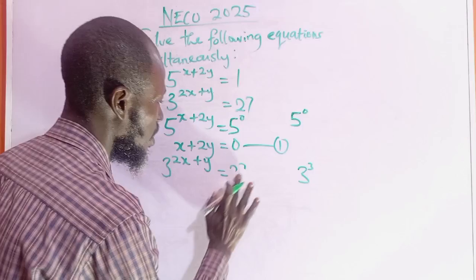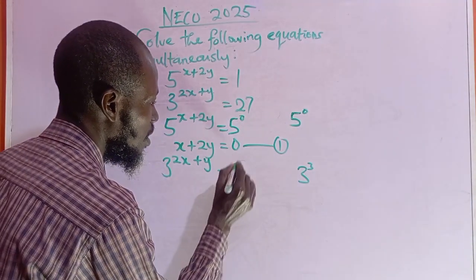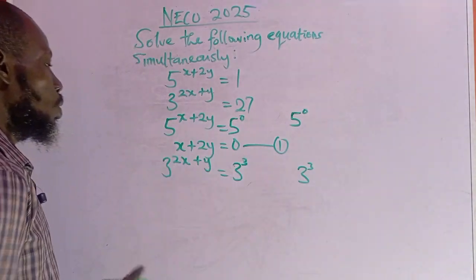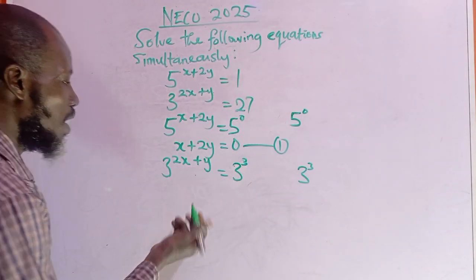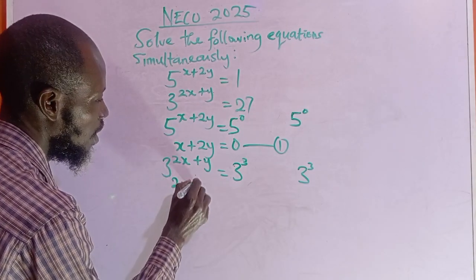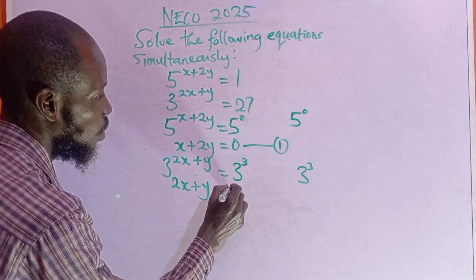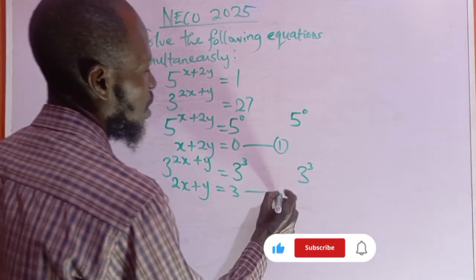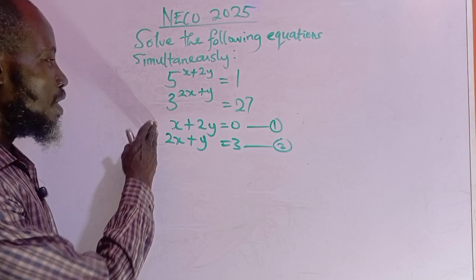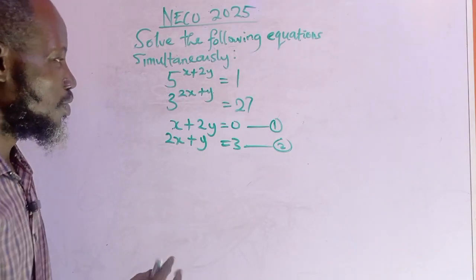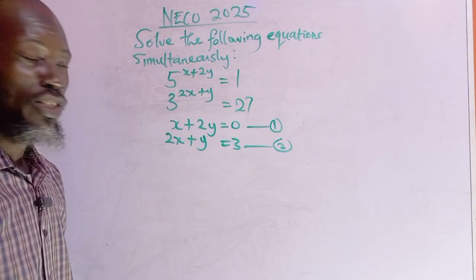So we do the same thing and rewrite it as 3 to the power of 3. Now the bases are the same, so we equate the powers. So we have 2x plus y is equal to 3. That is equation 2. So bringing the equations together, we can now solve simultaneously.